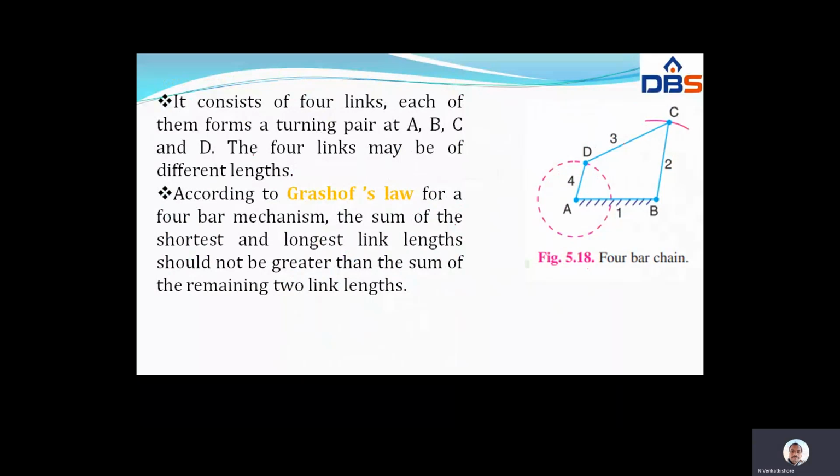So what are the shortest and the longest here? The shortest is the 4th link and the longest is the 3rd link, whose sum may not be greater than the remaining 2 links, that is 1 and 2. Symbolically, we can say that the length of the shortest plus the longest may not be greater than the sum of the lengths of the remaining 2 links.